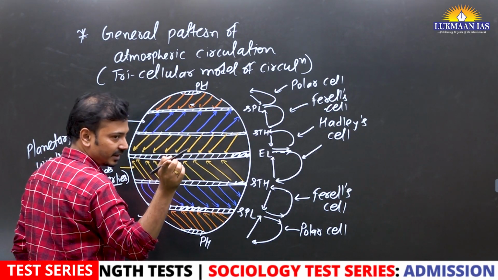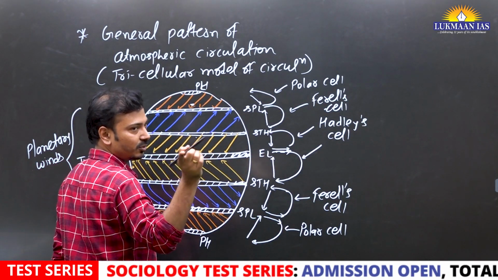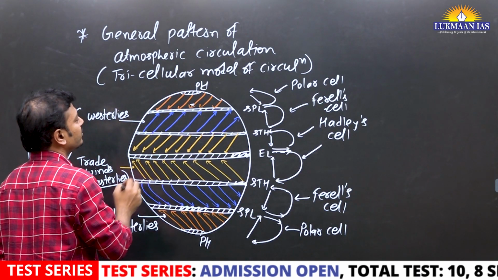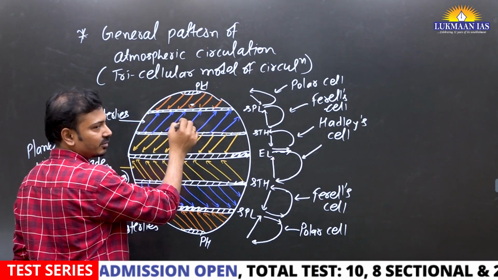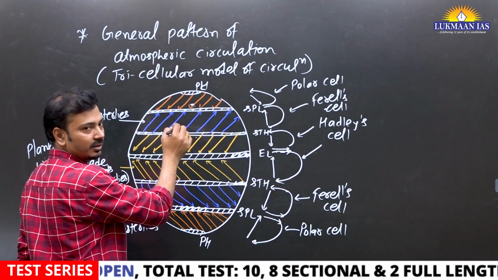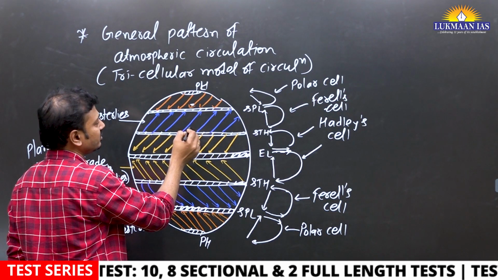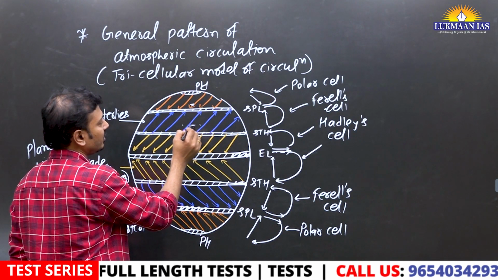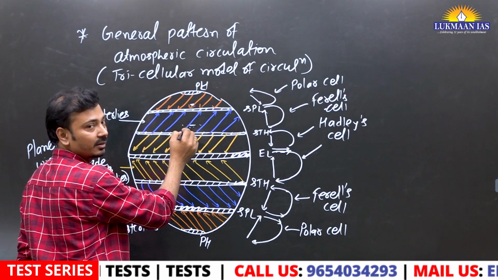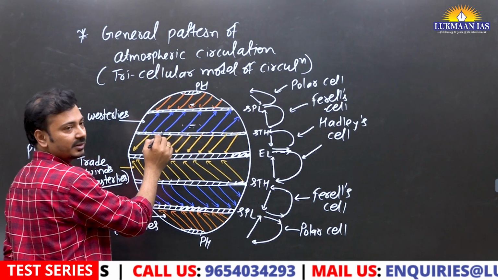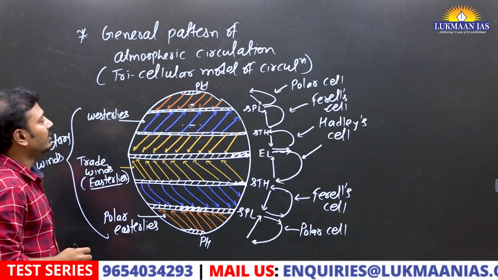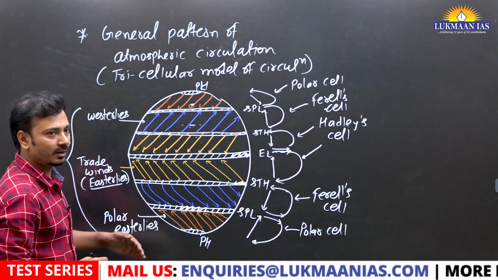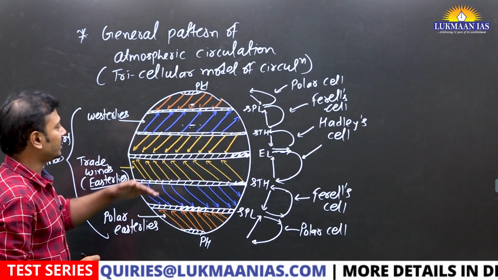Where is the Mediterranean region? On the atlas, at which latitude is it? About 30, I mean around 40 or 50. So somewhere here, this region, can we say that? Okay, pay attention here. It is above 30, around 30 to 40.